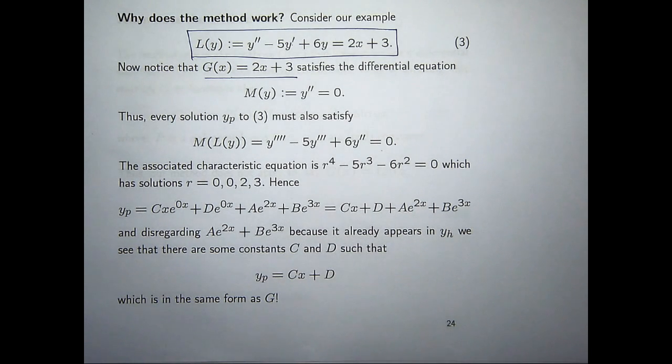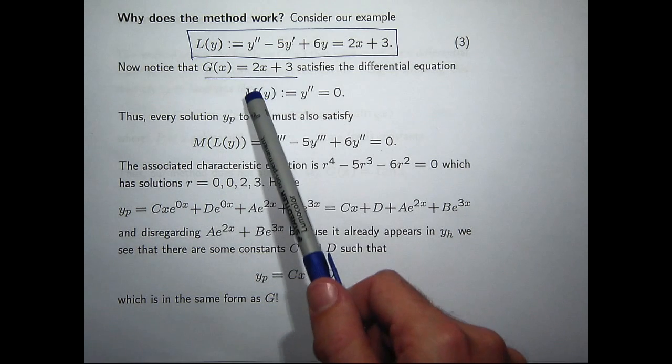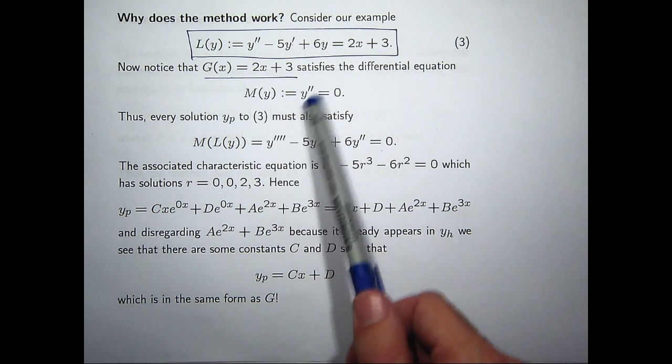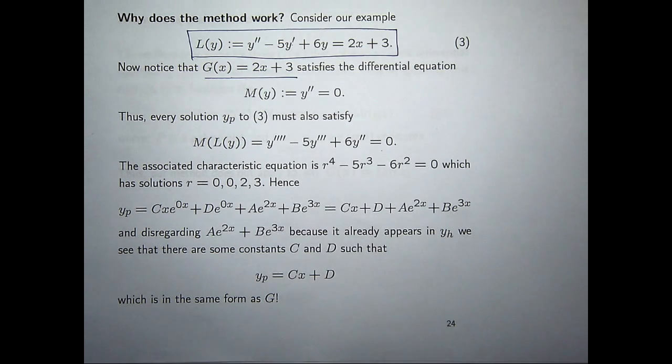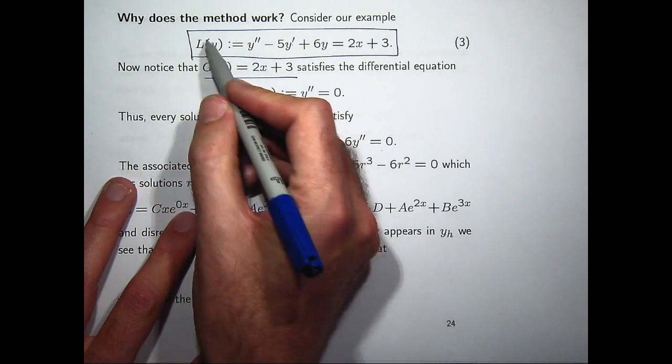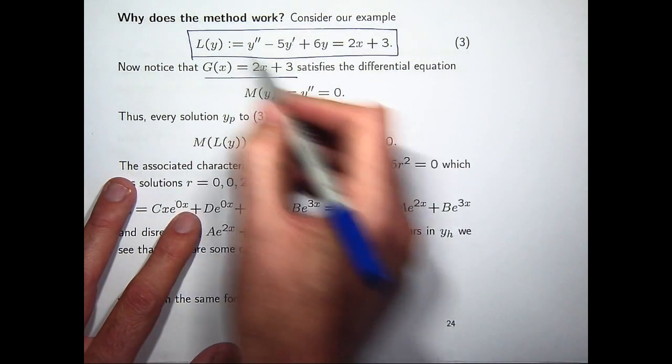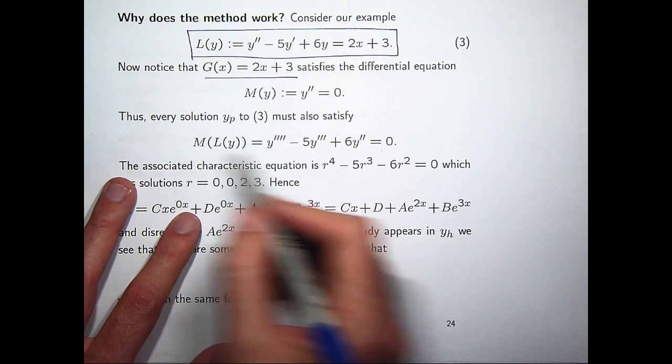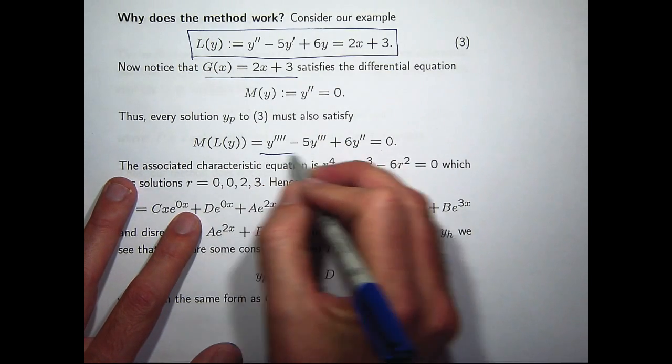If you look closely, 2x plus 3, if you differentiate that twice, it gets annihilated to 0. It disappears. So what I can do is introduce a new linear type operator, m, just in this case defined by this. And if I differentiate twice both sides of the equation, I'll get this particular problem.